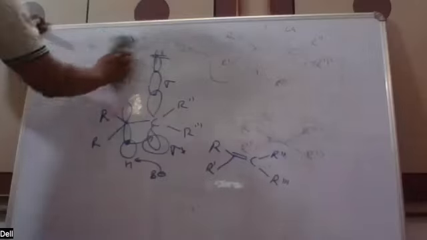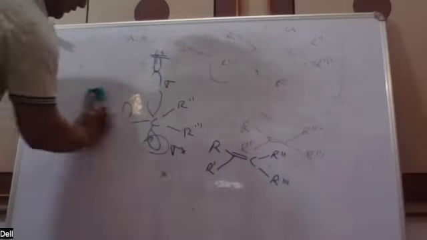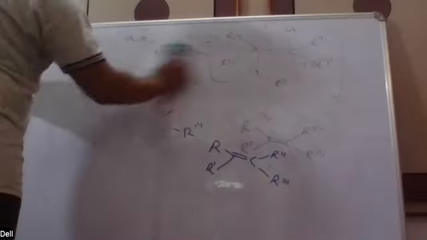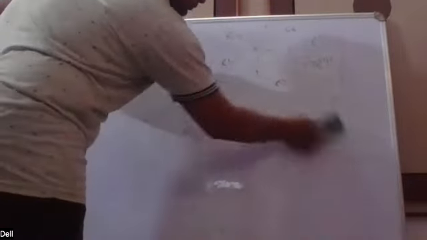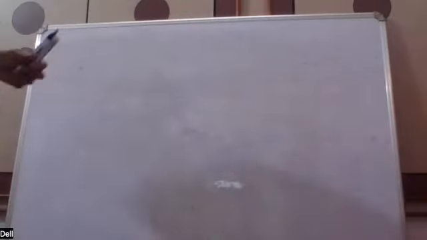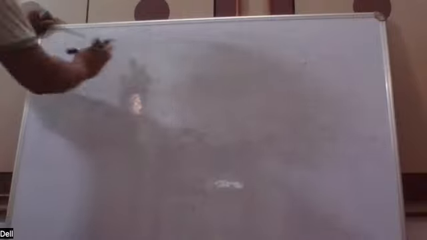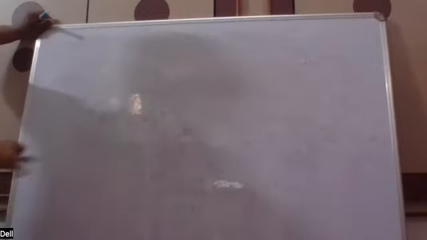Now the third elimination reaction is E1CB, which is the elimination reaction by conjugate base mechanism. Now in this reaction mechanism, we need a special type of substrate because this reaction proceeds by the formation of the carbanion.